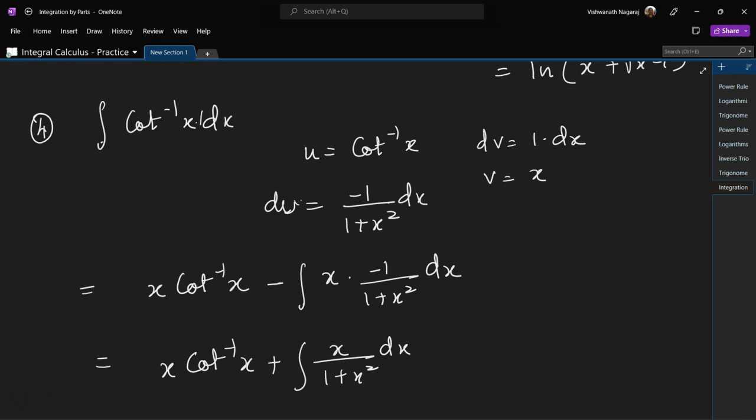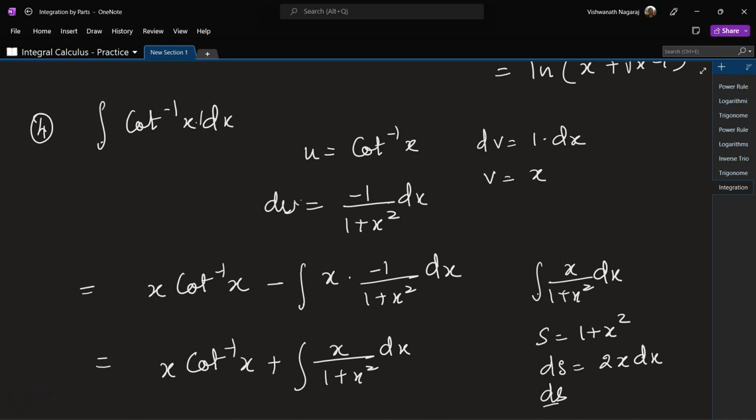Okay, so now let's see how we can address this integration. If we have to do x by 1 plus x square dx, let's say s is equal to 1 plus x square. So ds is equal to 2x dx.